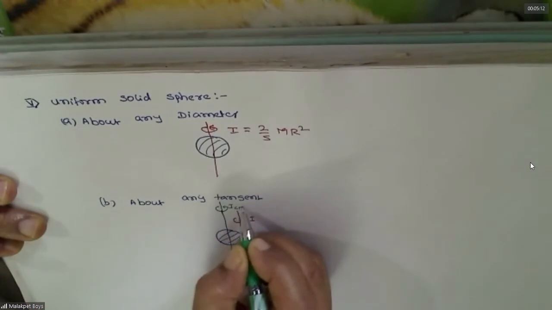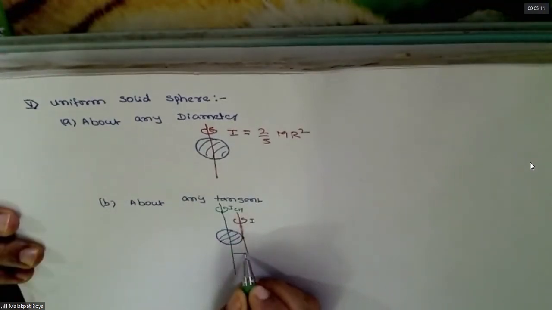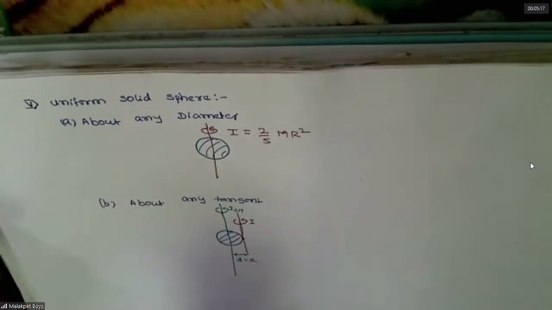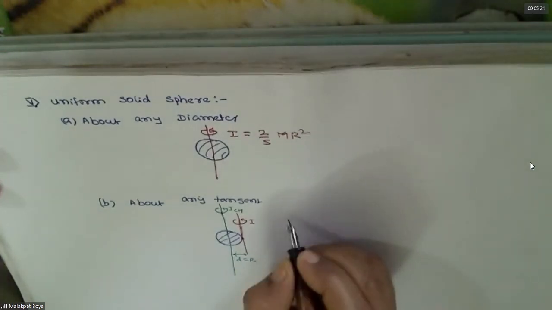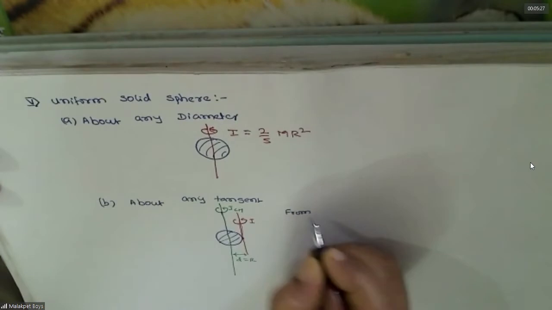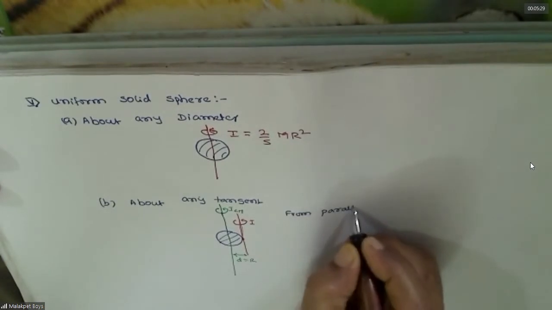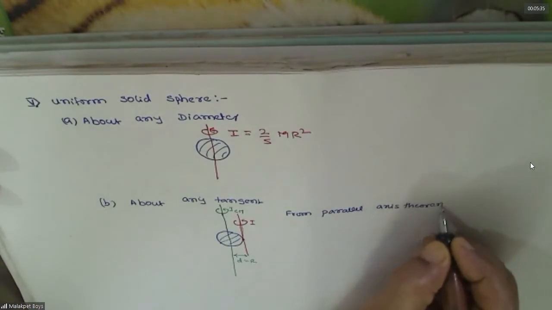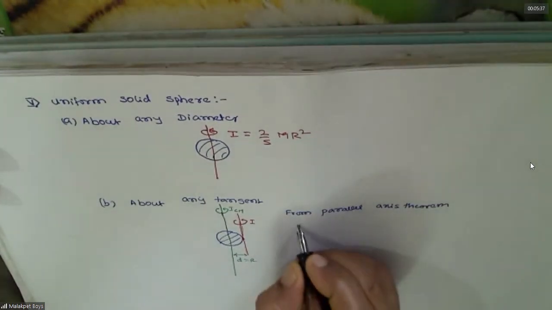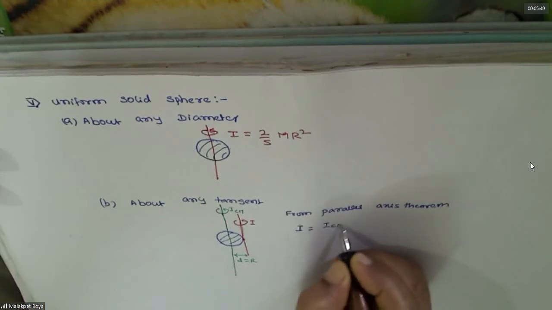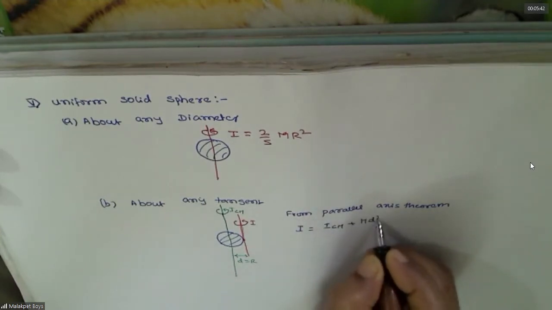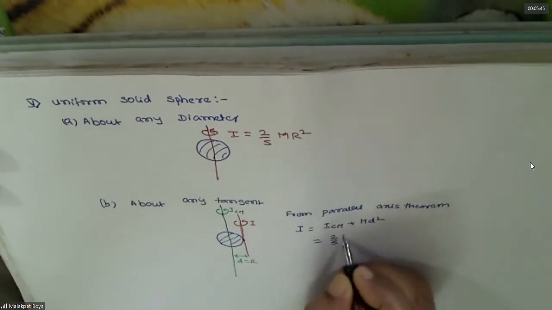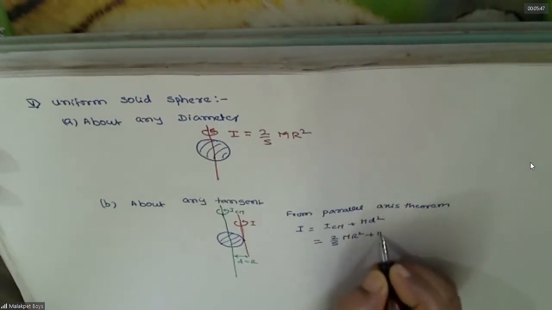The distance between them is d equals R. Now by the parallel axis theorem, what is I? ICM plus MR square. Yes, 2 by 5 MR square plus MR square.